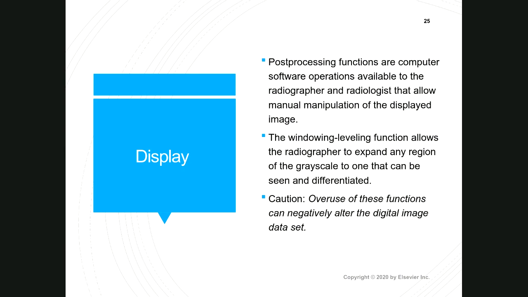So they talk about the window leveling function allowing you to expand any region of the grayscale to one that can be seen and differentiated, meaning you have the capability to manipulate your image after you see it. But realize that it tells you overuse of those functions can negatively alter your digital image data, meaning there comes a point where you're not able to go back.